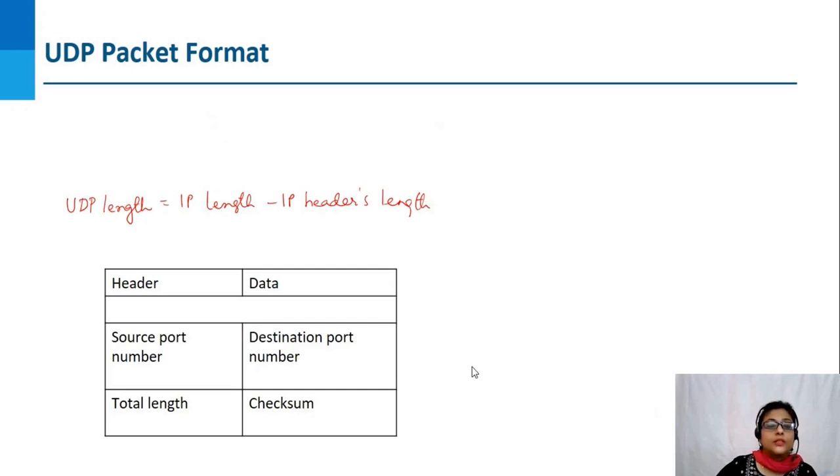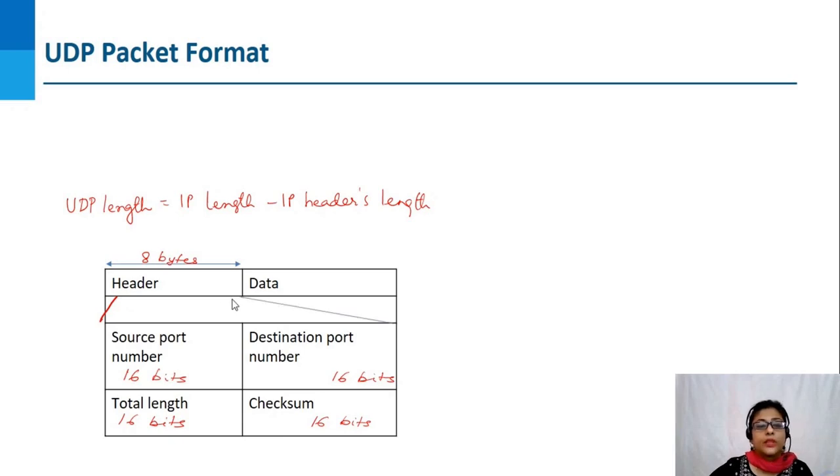UDP packet format consists of the header part and the data part. You see here the header part consists of 8 bytes of data, and if you consider this, the header part can be understood clearly. It consists of the source port number, which is of 16 bits.